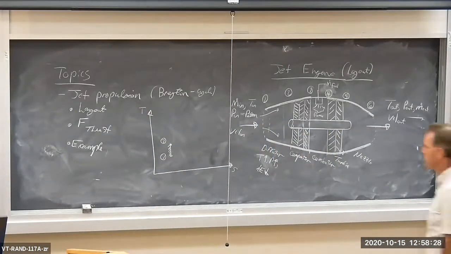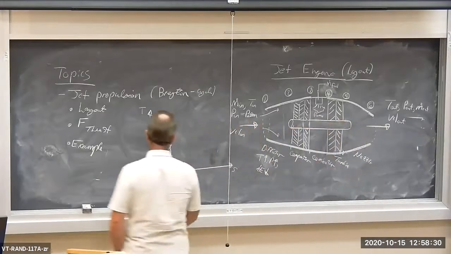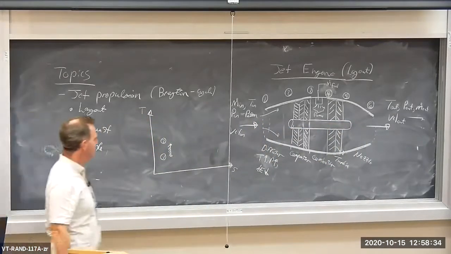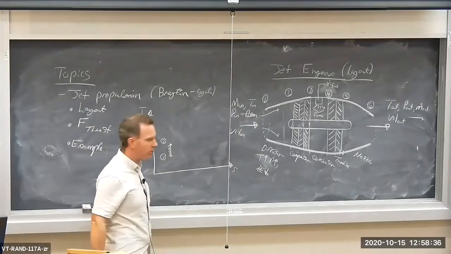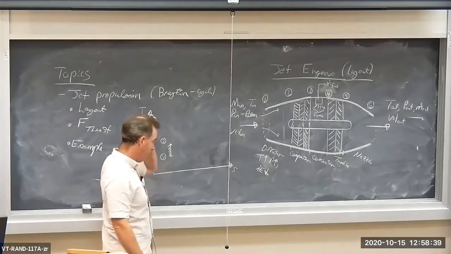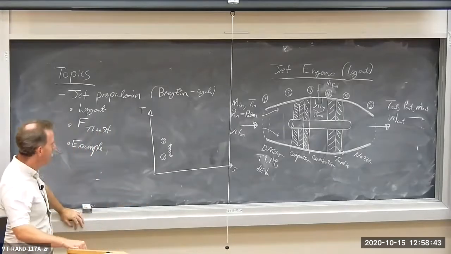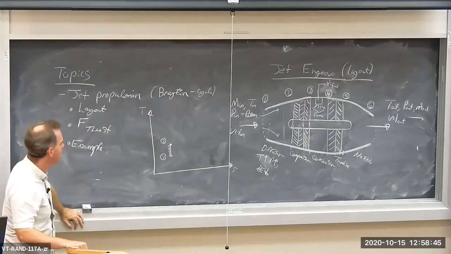So as the air goes through the diffuser, it's an isentropic compression process because pressure goes up, temperature goes up, and kinetic energy goes down. So that's what a diffuser does. It takes kinetic energy at the inlet flow and produces a pressure rise. So that's the purpose of a diffuser.